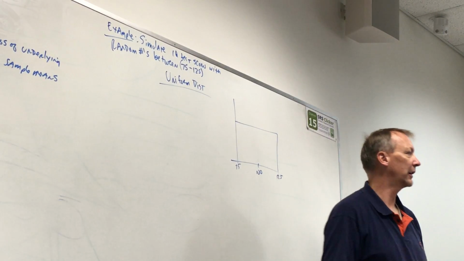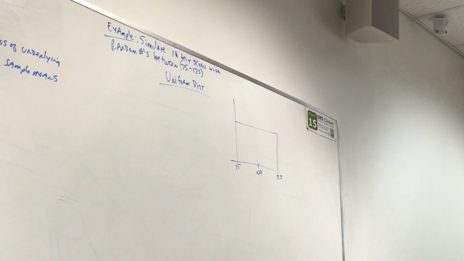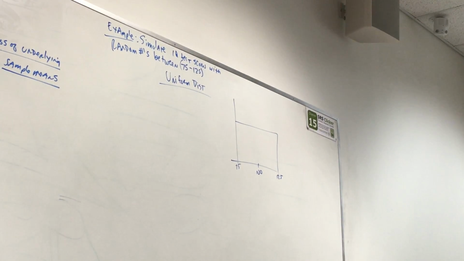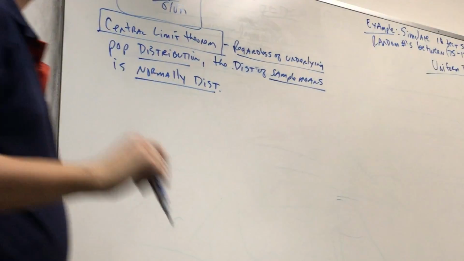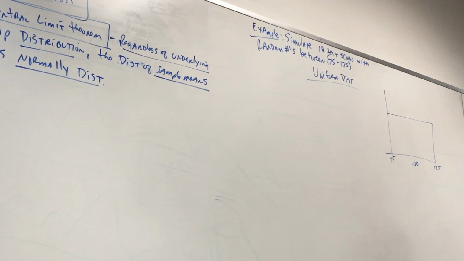You would be correct. Now, according to the central limit theorem, it says regardless of the underlying distribution, the distribution of the sample means is normally distributed. So in this case, this does not look bell curved, does it? Not even close.